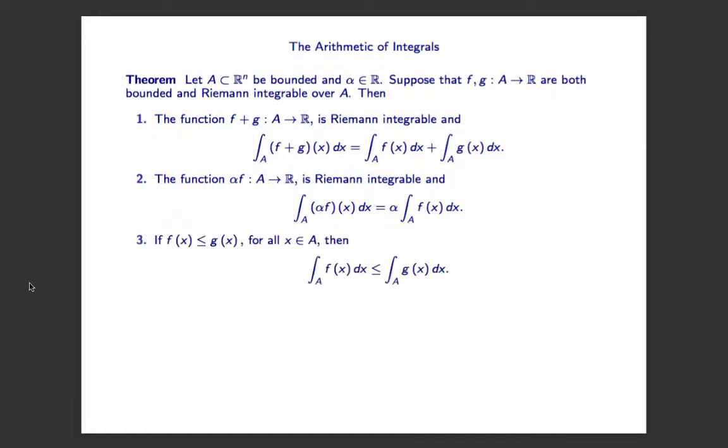If f is less than or equal to g for all x in the domain, then the integral of f is less than or equal to the integral of g over the domain A. And we also get the result that the absolute value of the function f is Riemann integrable, and the absolute value of the integral of f is bounded above by the integral of the absolute value.